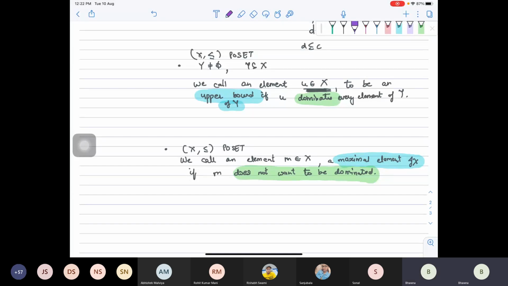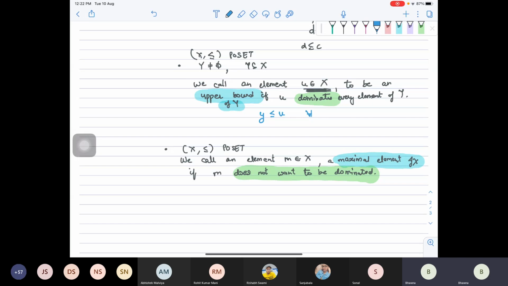So what I'm saying is the maximal element does not want to be dominated. Now what does that mean? u dominates everything in Y. This meant that anything in Y is less than or equal to u.